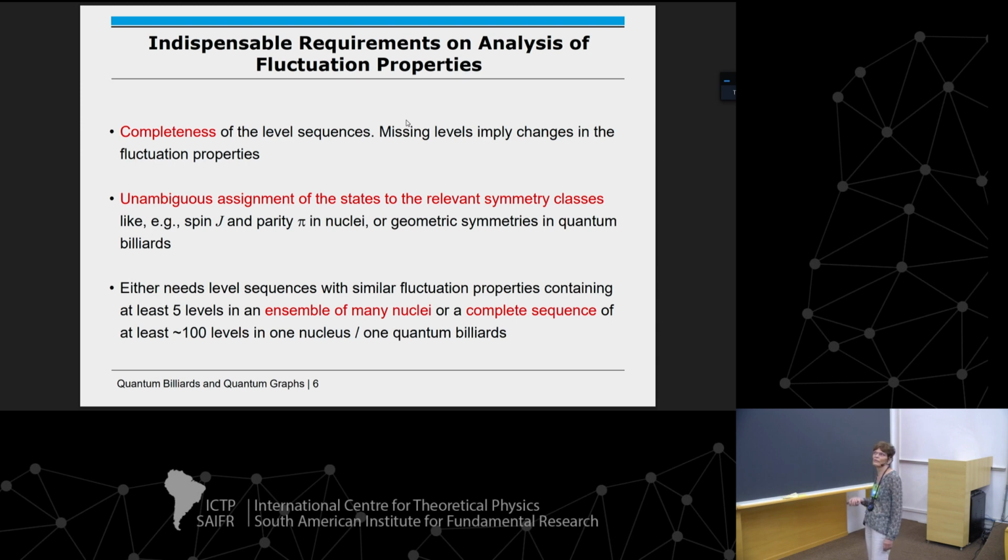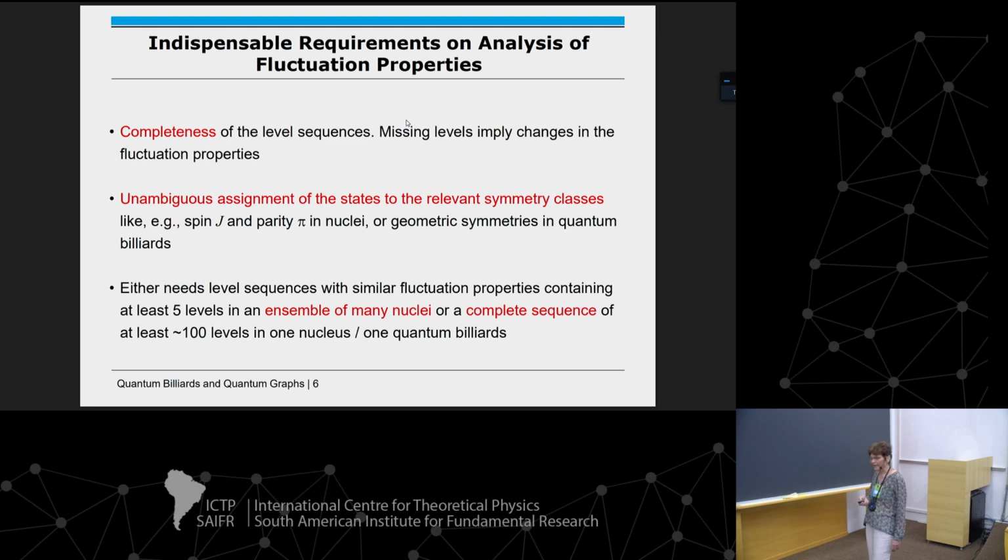If you just have a sequence of 200 eigenvalues, then it would be good to create an ensemble of systems. Usually with a quantum billiard, you can introduce some parameter, change it, and get sequences of around 200 levels for different measurements. Then you can put them together, if you are sure that the spectral properties should be the same for each member of this ensemble, and do ensemble averages.